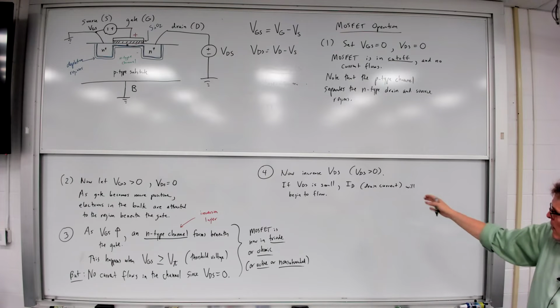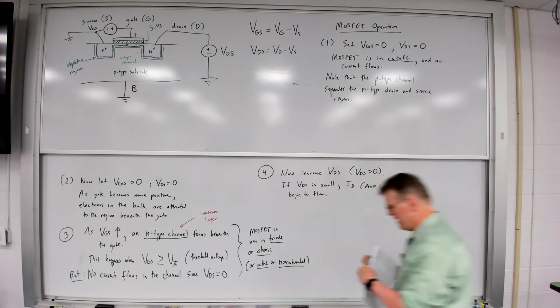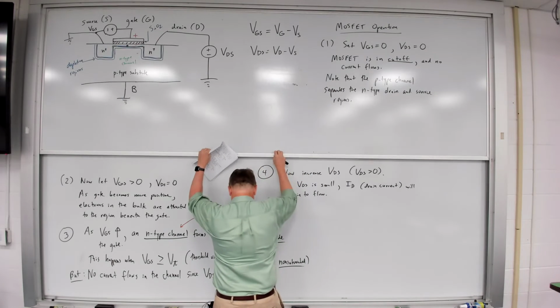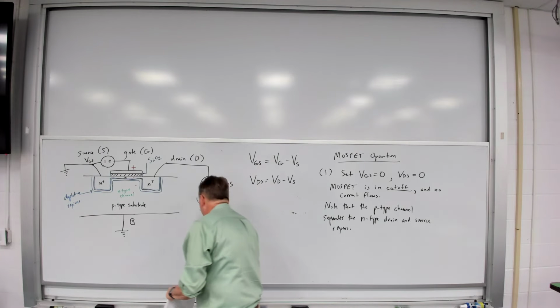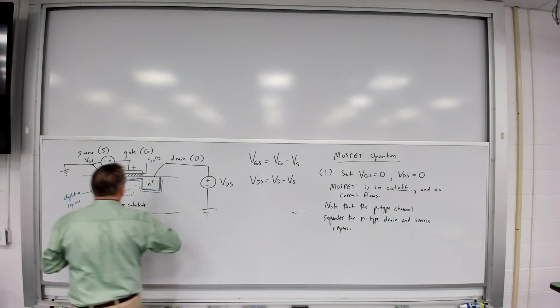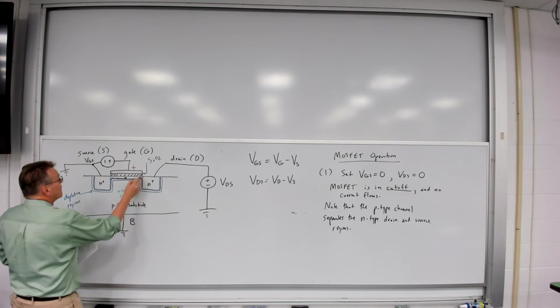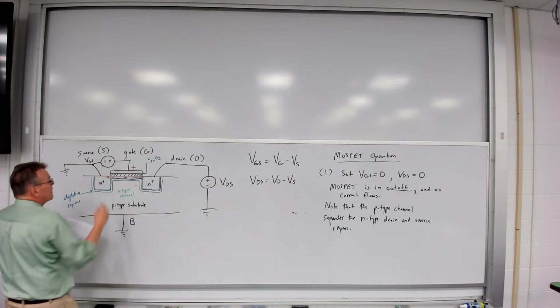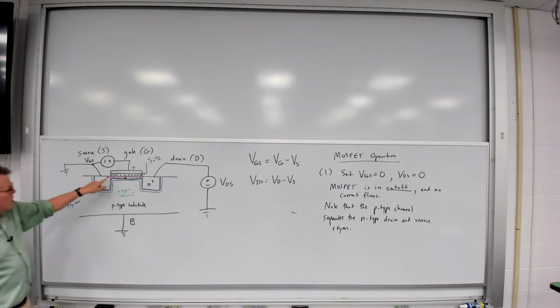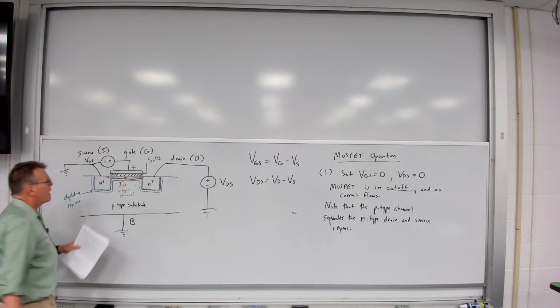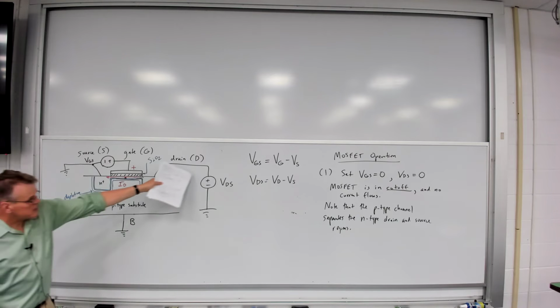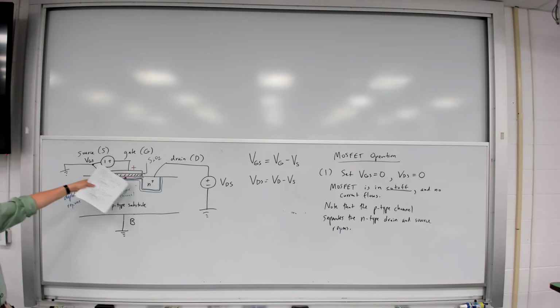So VDS is small, drain current's going to start to flow. And that drain current, if I think about this from the viewpoint of positive current flow, is going to flow from drain to source. I sub D. So if that's positive, positive current flow is out the positive terminal, into the drain, into the source, and then to ground.